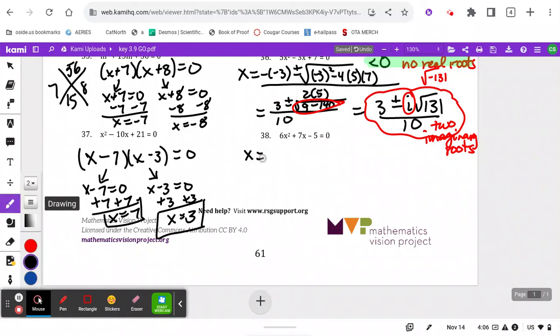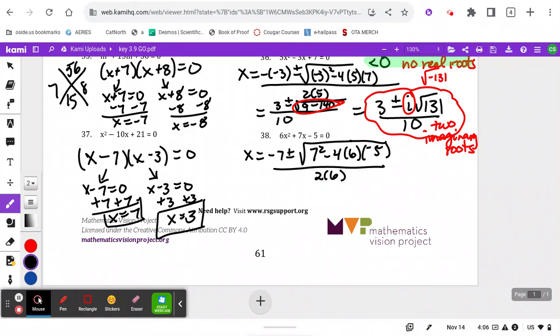Negative b plus or minus square root b squared minus 4 times a times c all over 2a. Negative times negative is going to be positive, so 24 times 5. I'm getting 120. Oh, it was factorable.